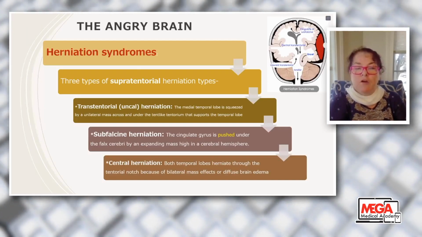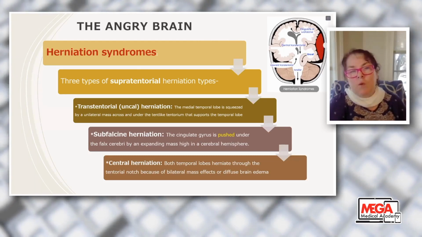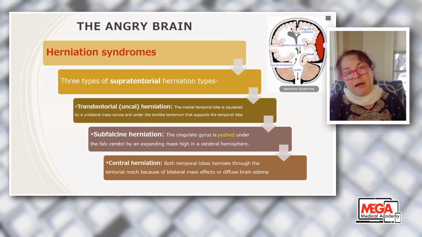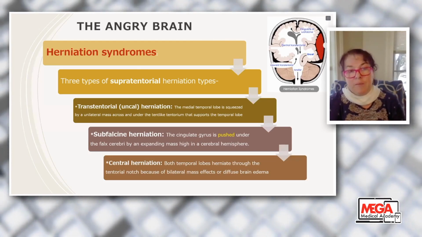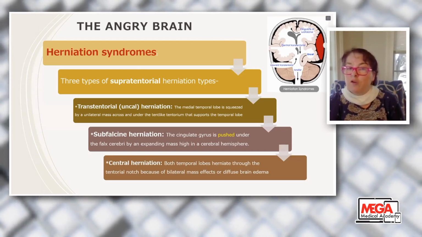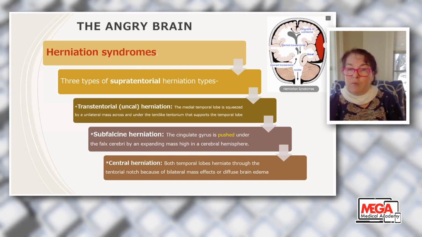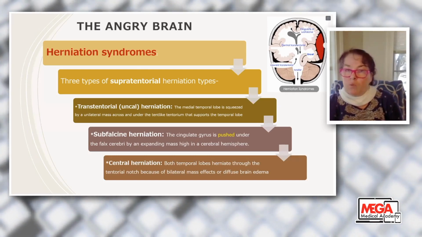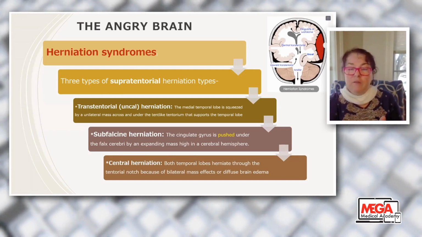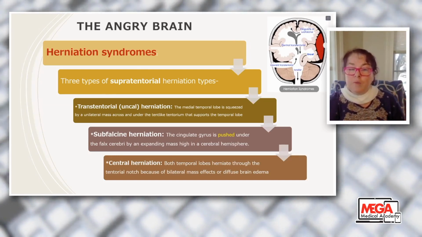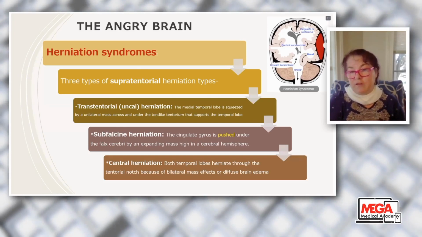Now I'm going to talk about the angry brain. When all these compensating mechanisms I discussed earlier have reached their limit and you're not compensating anymore, your increased intracranial pressure is not being mitigated, and you may have these herniation syndromes. These are the supratentorial herniation syndromes.